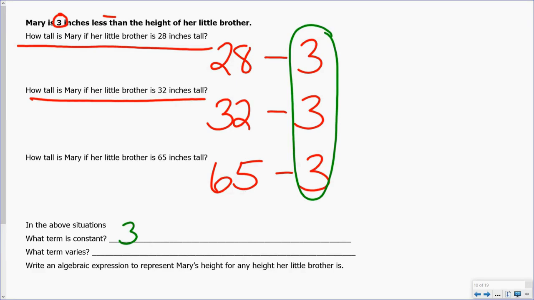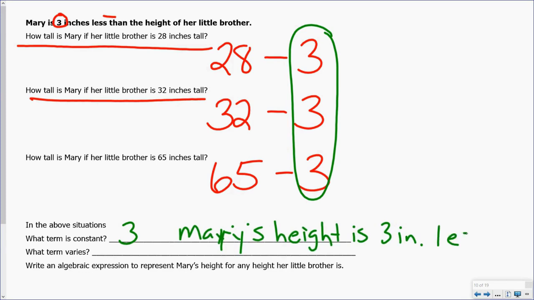And what does that 3 represent? That is Mary's height is 3 inches less than her brother's. So that's what that 3 represented.